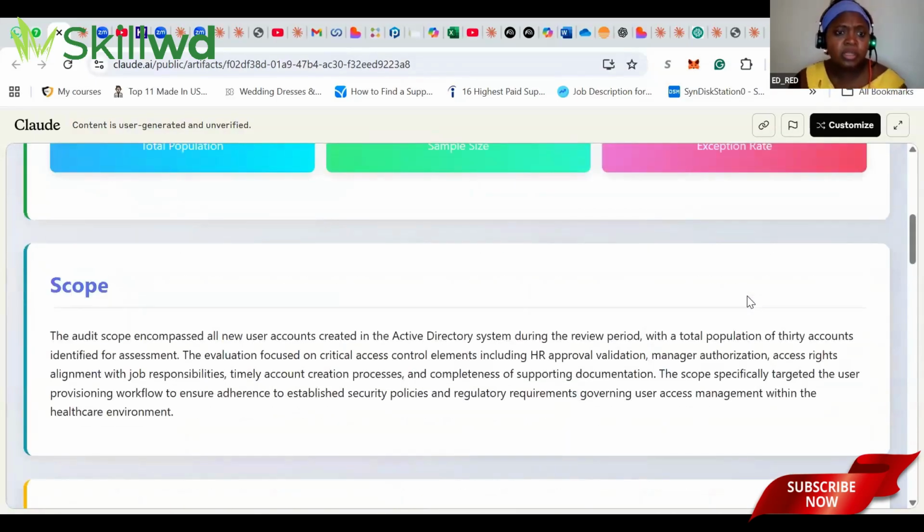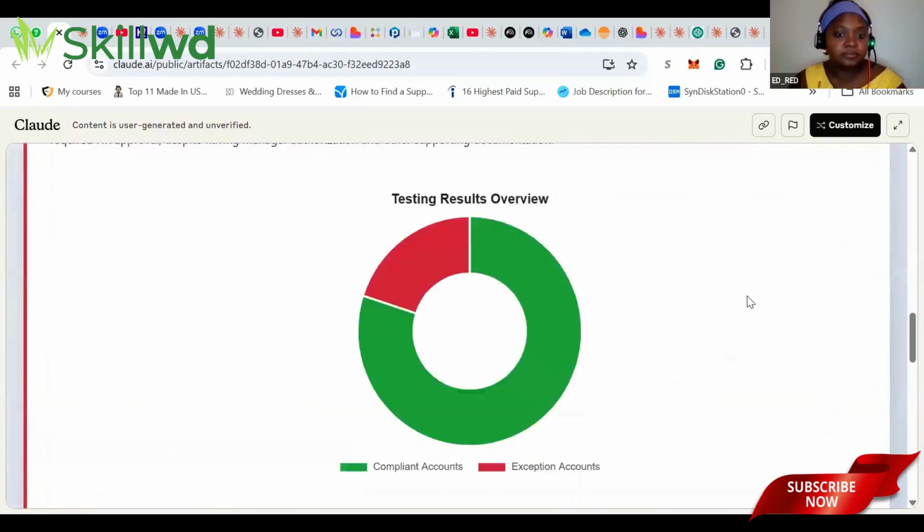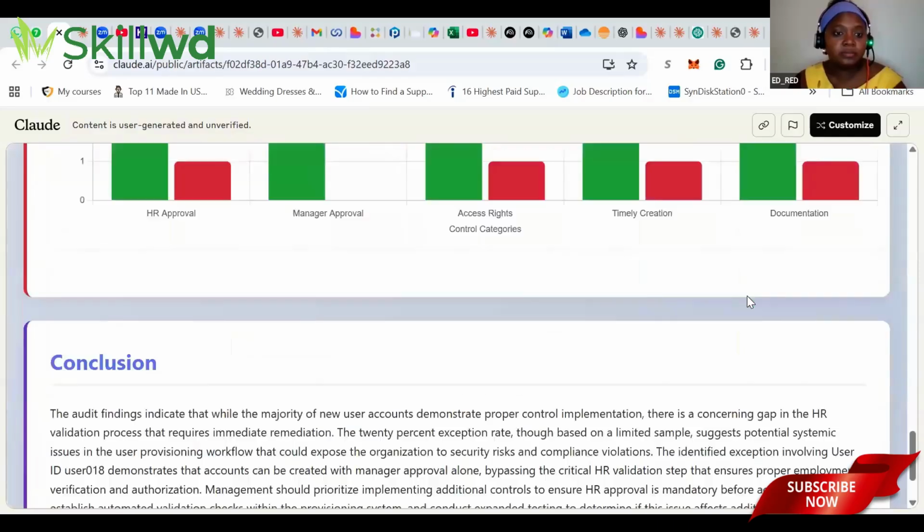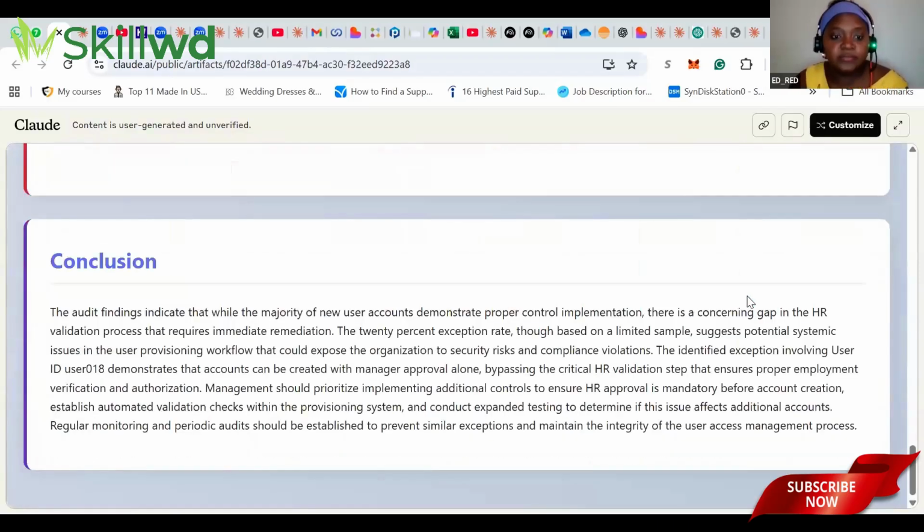Can we see the conclusion? If you don't mind, let's go down. Sure, let me see your conclusion towards the end. Yeah, the conclusion: we're going to say the identified exception involving user ID user 0118 demonstrates that an account can be created with manager approval alone, bypassing the critical HR validation step that ensures proper employment verification and authorization.